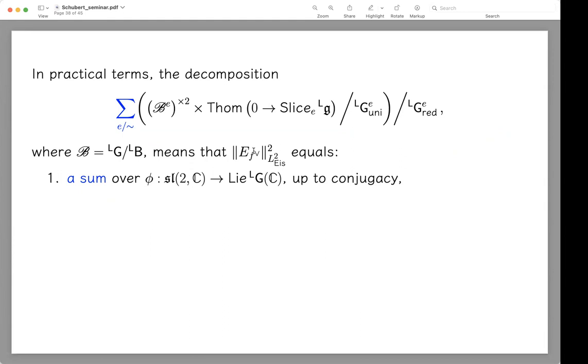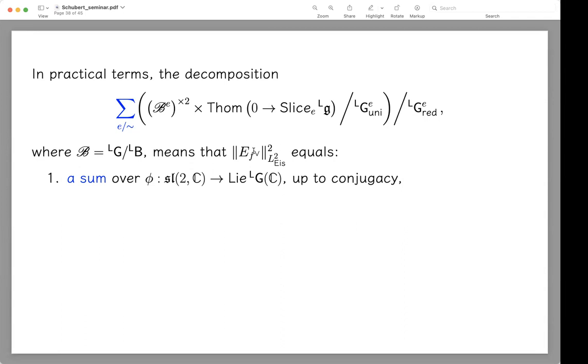Spectrally decomposing some space is the same as thinking of some kind of L2 pairing; you would like to spectrally decompose that L2 pairing. And we said this L2 pairing is really some equivariant genus corresponding to a certain space. The decomposition has nothing to do with what the genus is. The decomposition has to do with just the space. You decompose the space, and the genus is just along for the ride.